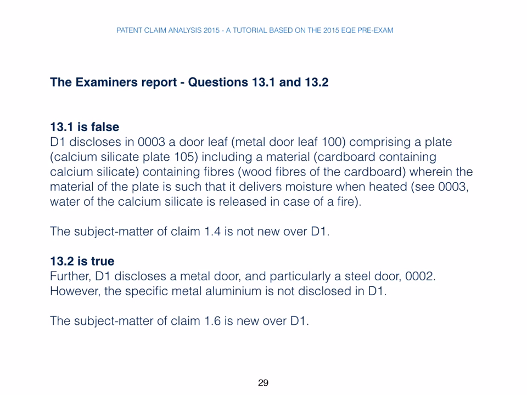"13.1 is false," say the examiners, for the following reasons. D1 discloses in paragraph 3 a door leaf, metal door leaf 100, comprising a plate, calcium silicate plate 105, including a material, cardboard containing calcium silicate, containing fibers, wood fibers of the cardboard, wherein the material of the plate is such that it delivers moisture when heated.